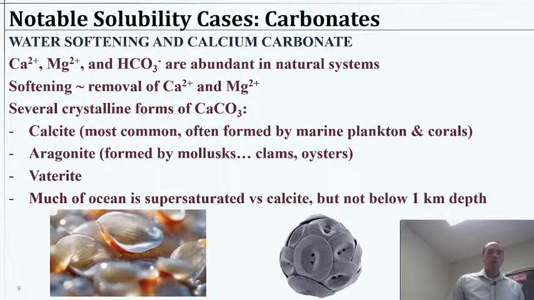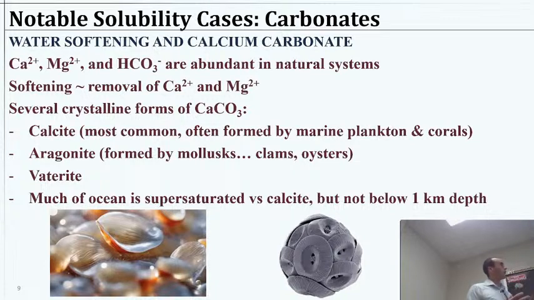Okay, so next up, carbonates. Now we've talked a lot about carbonate already, and we know that it can be CO2 dissolving and have some equilibrium reactions in that regard, and carbonate, bicarbonate, carbonic acid, all of that. But in natural systems, we can take a look at the different carbonate and calcium precipitates in particular.